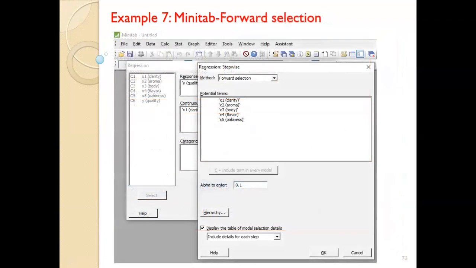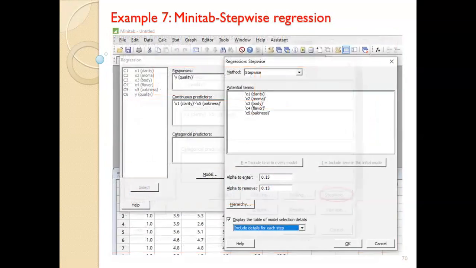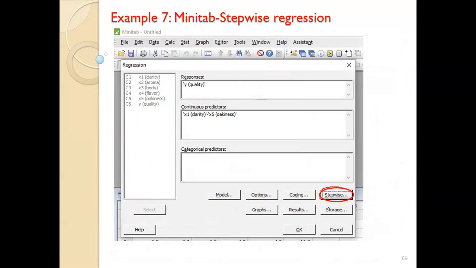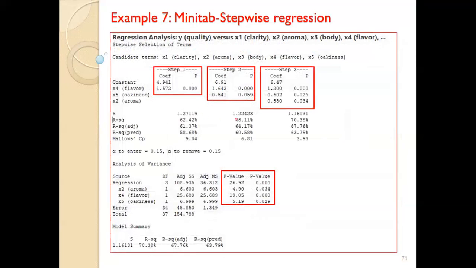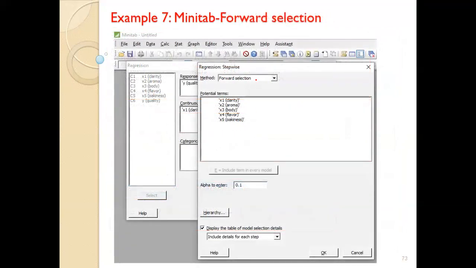Because in this we have three choices. We click this, and we have stepwise, forward, and backward. You click for forward.